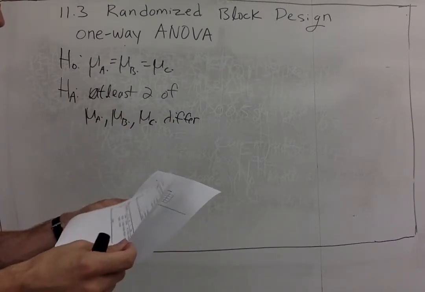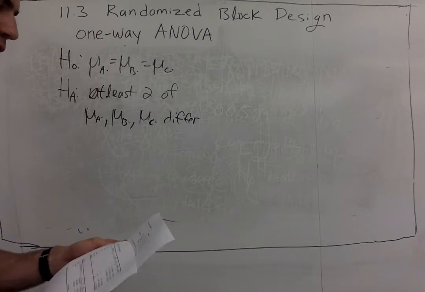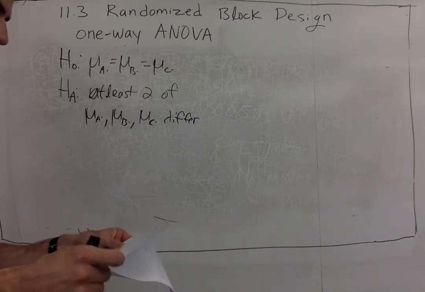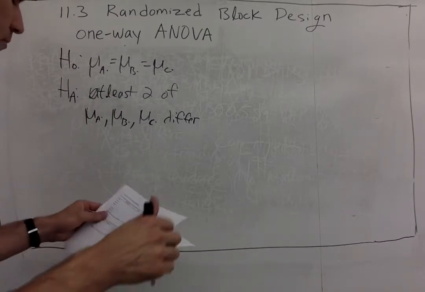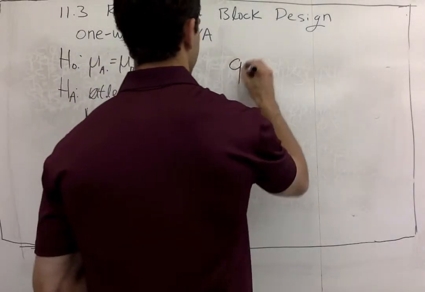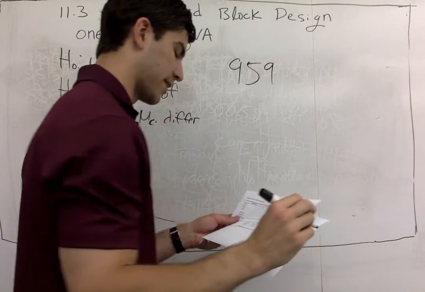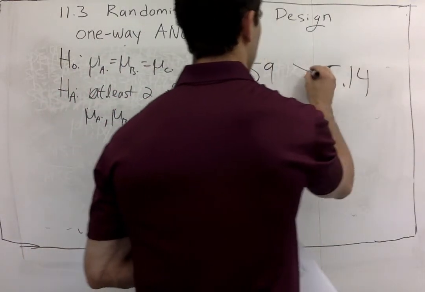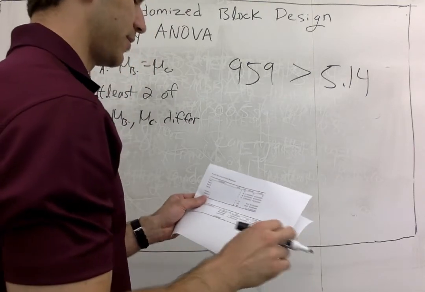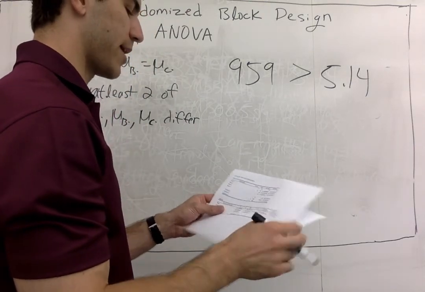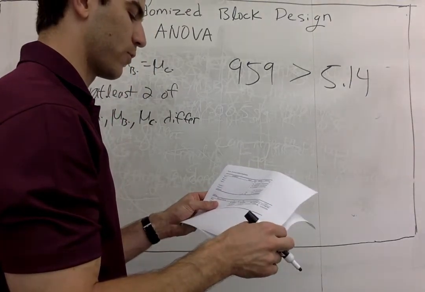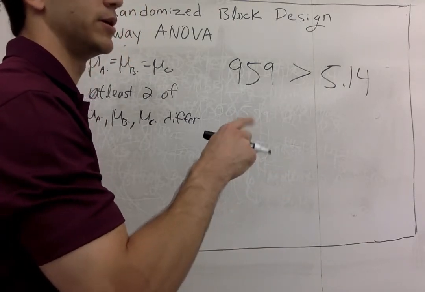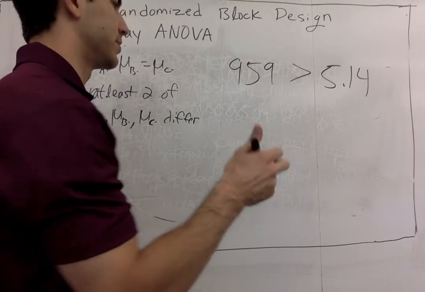Remember, in this case, if you look at the spreadsheet, the bottle designs, which is your factor, are arranged in columns. So you want to be looking at the columns. You'll see that the test statistic is incredibly high at 959, which is definitely greater than the critical value of 5.14. The p-value is very small, 3.03104 e to the negative 08. The e to the negative 08 means you move the decimal over 8 places to the left.